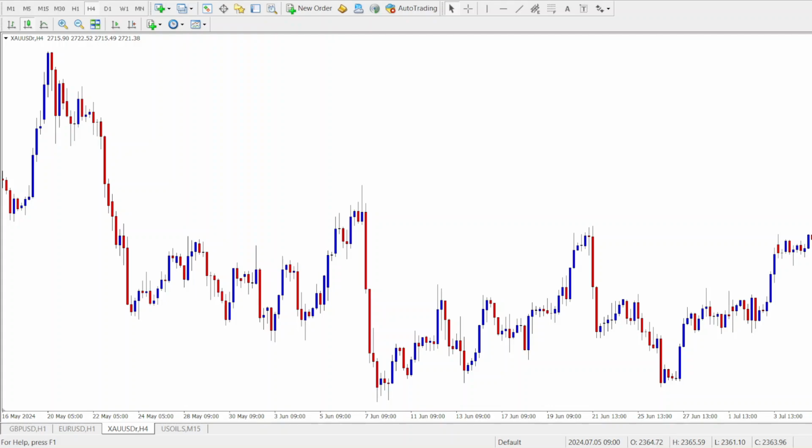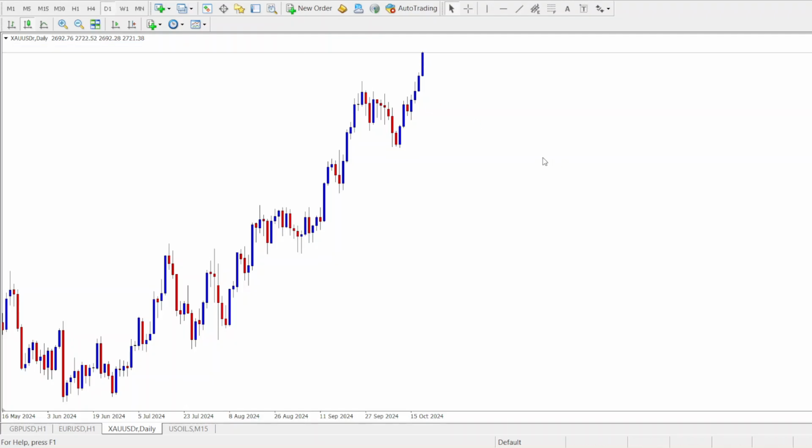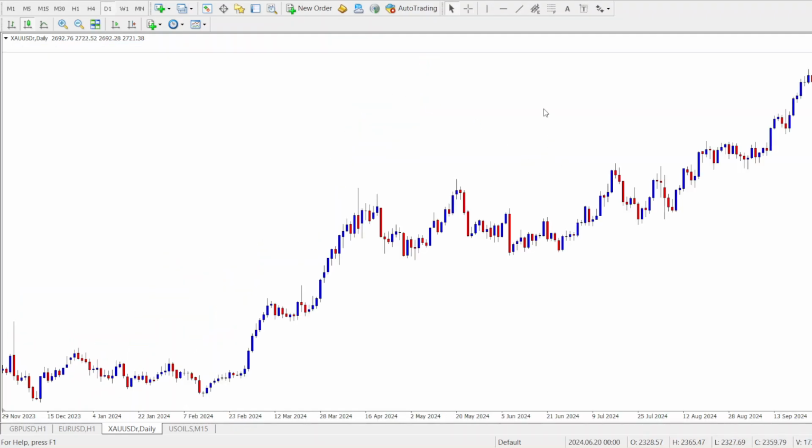Basically, the pivot point is calculated as the average of the previous day's high, low, and close prices. So we're going to go to the daily time frame. Remember that in the daily time frame, each candlestick represents 1 day.